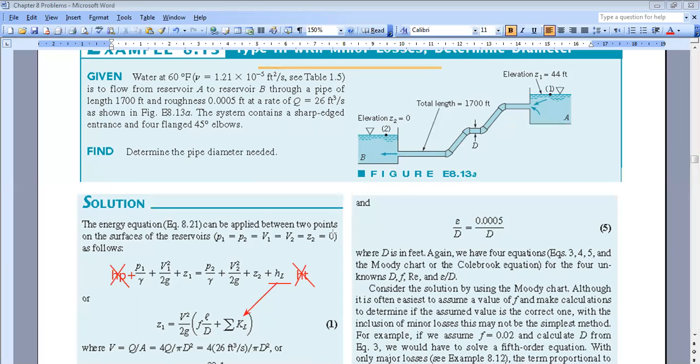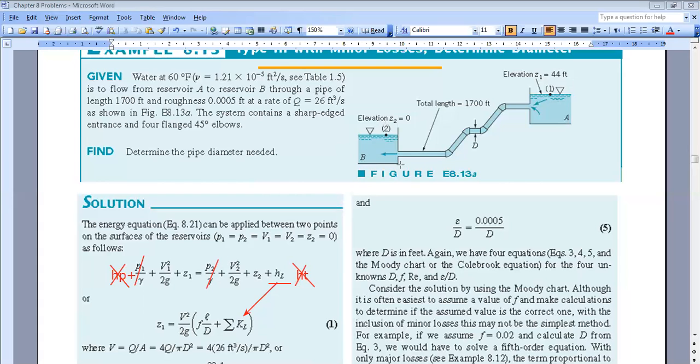Now I should find the different terms. Let us start with the pressure. You have points 1 and 2 exposed to the atmosphere, so it is the case of zero gauge pressure, so I will cancel P1 and P2.